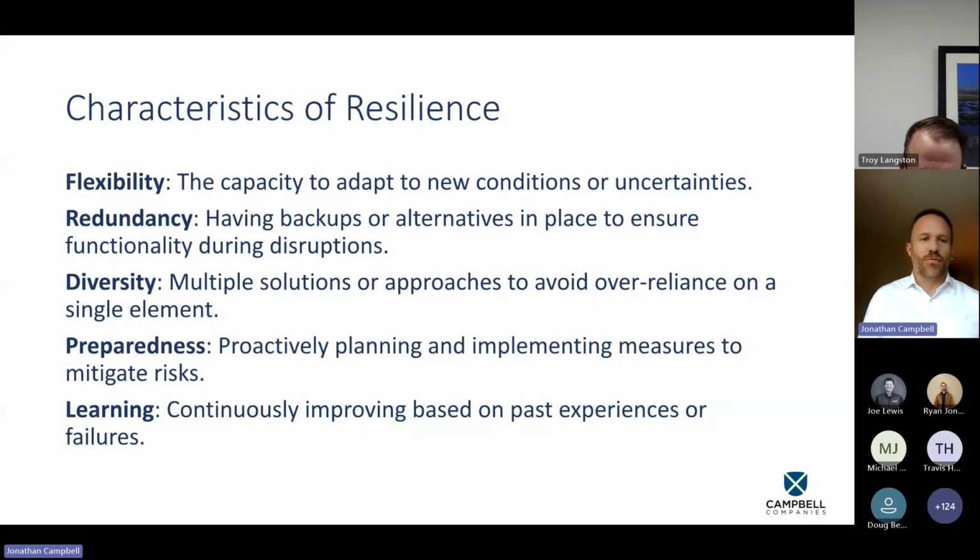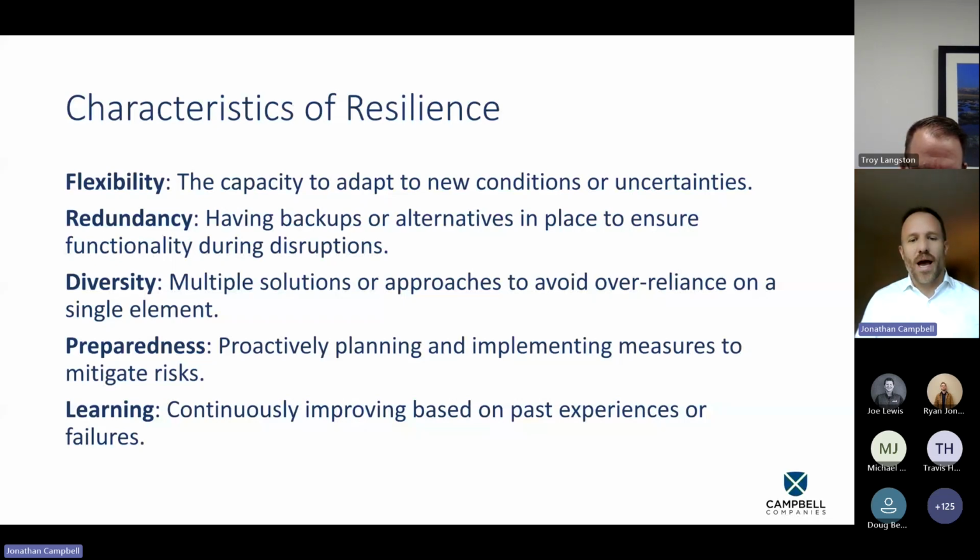There are 5 real fundamental pieces to it. There's flexibility, which is how we adapt to new conditions or uncertainties. There's redundancy, having the backups or alternatives in place to ensure functionality during disruptions. There's diversity, multiple solutions or approaches to avoid over-reliance on a single element. Preparedness, where you're proactively planning and implementing measures to mitigate those risks, and you're learning.